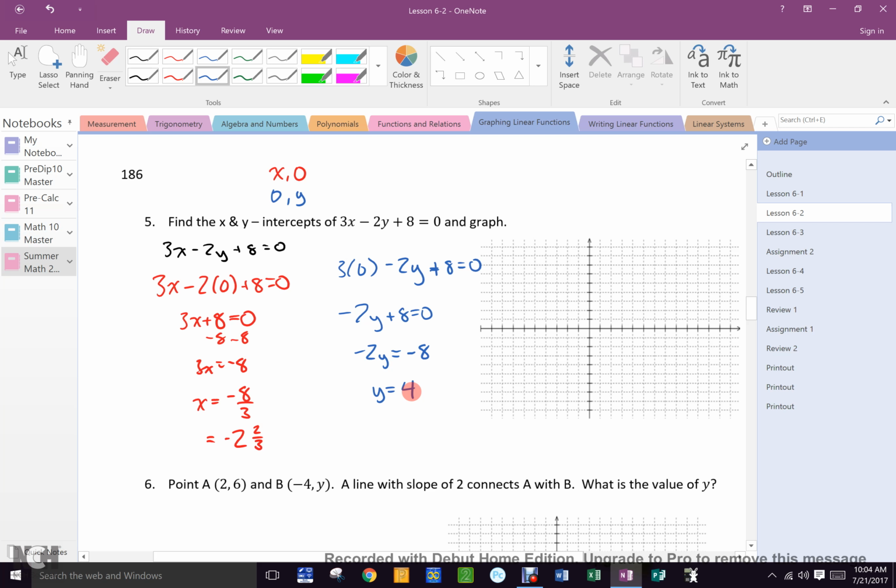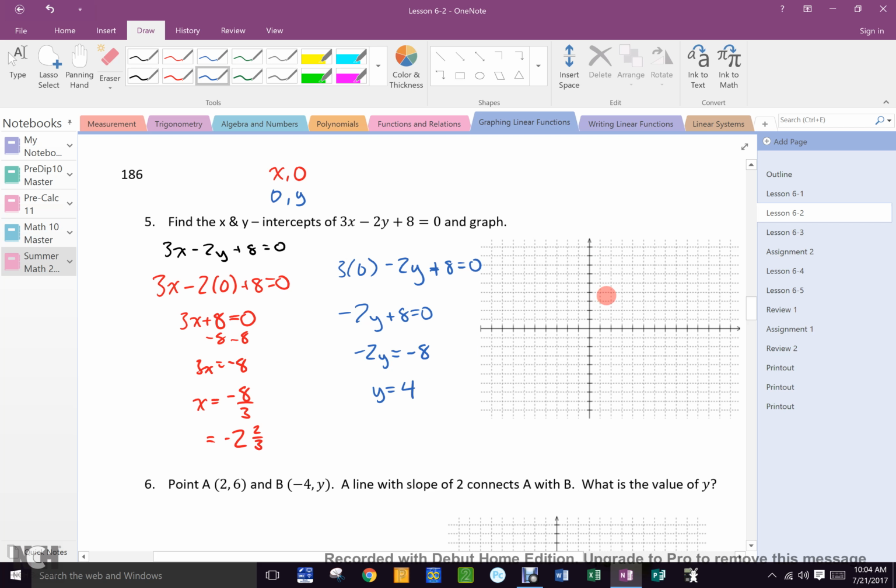Now I'm going to graph it. Right? Okay. So if I make these thirds, will this fit on this graph? If I make each square a third, will it fit on the graph? It won't, because I would need 12 here, wouldn't I?